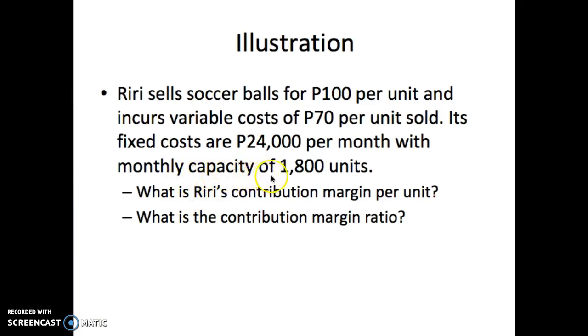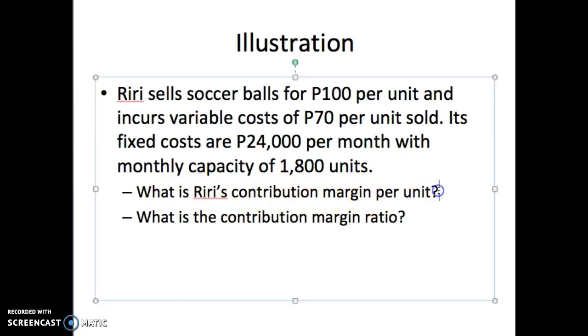And monthly capacity of 1,800 units, this portion is just telling us that Riri can produce 1,800 soccer balls every month.